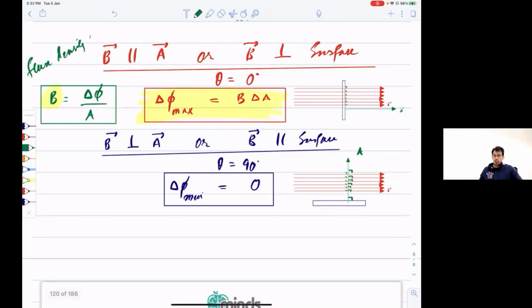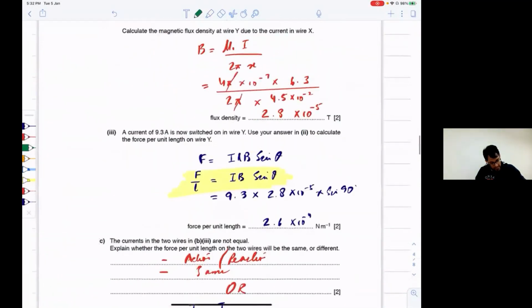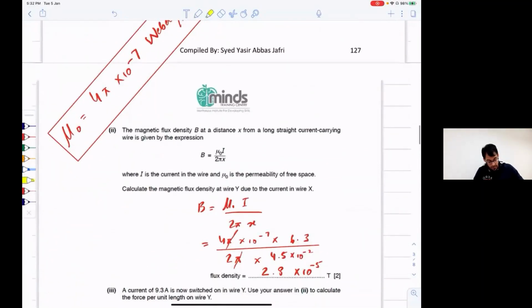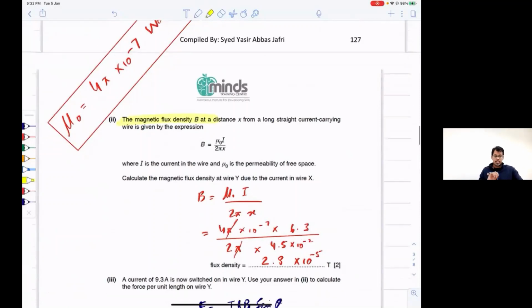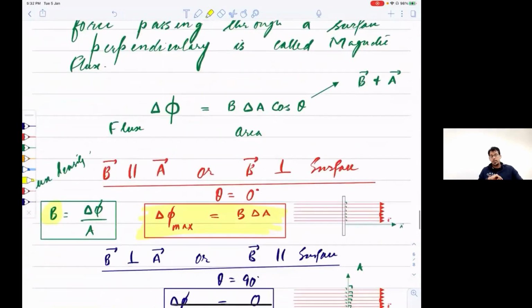Are you people getting it? In previous classes, I used to call it magnetic field of induction, but in today's question somewhere, we used the term magnetic flux density. Yeah, here. Magnetic flux density. This name actually came from this definition that B is actually flux over area.